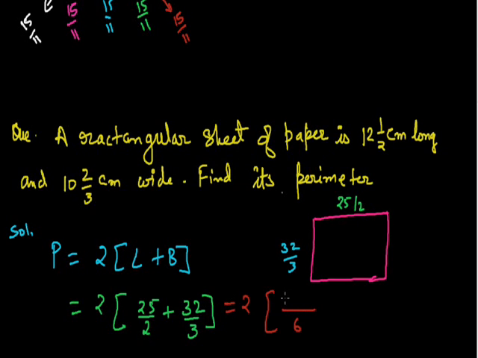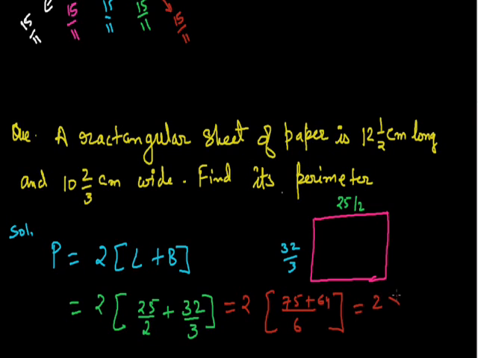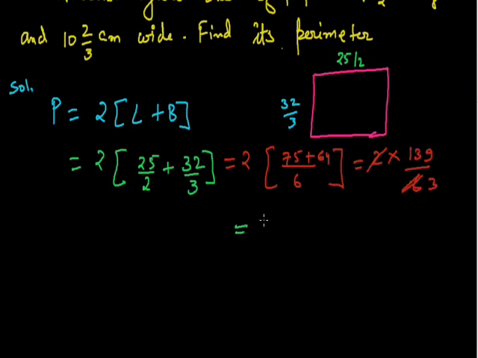Then 25 into 3 will give you 75 plus 64, since we will multiply 32 by 2, so it will give you 2 times 139 upon 6. So 2 will cancel 6 three times. So the answer will be 139 upon 3 centimeter, since it is a perimeter. In mixed fraction we can write 46 1 by 3 centimeter. So this is the perimeter of the given rectangle.